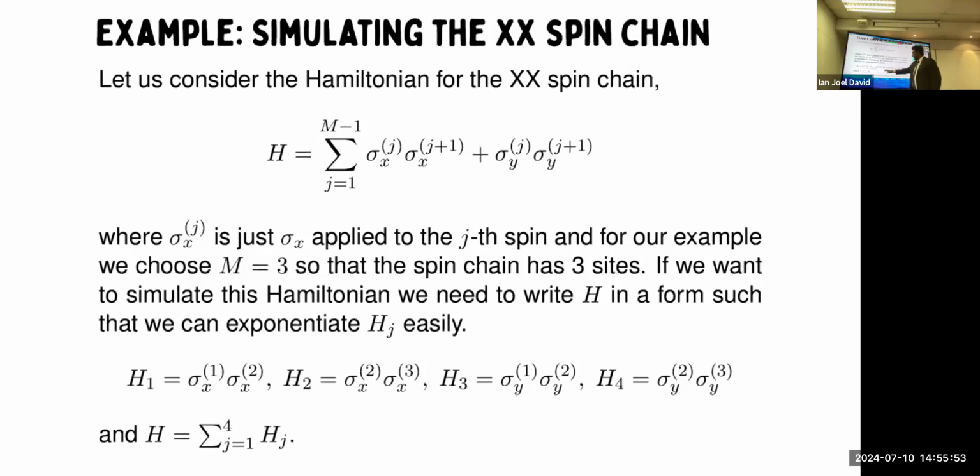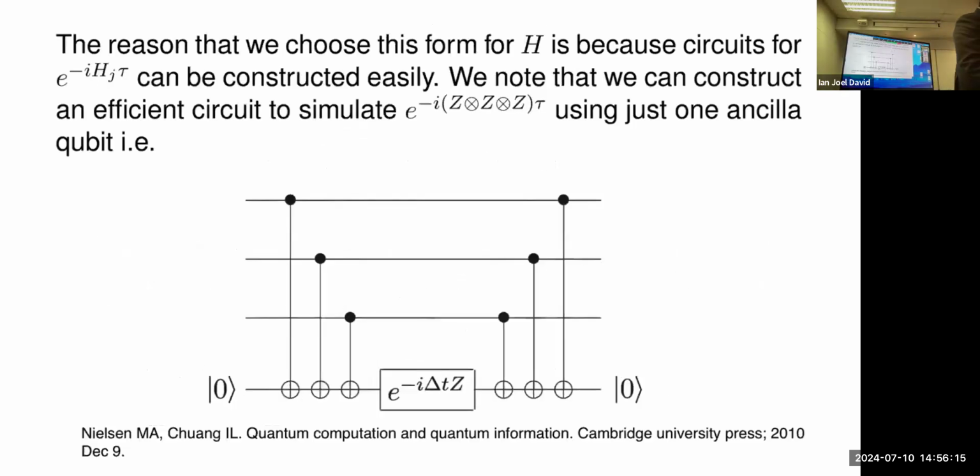We have H1 to H4, which I've just written out explicitly, in which case the sum here will go over H_j from 1 to 4. All I've done here is write this sum out explicitly for m equal to 3, and I've taken out each of the terms and made them my individual H's, because they're going to be easy to actually simulate. So what do you effectively want to simulate? Well, you want to simulate some tensor product of 3 Pauli matrices.